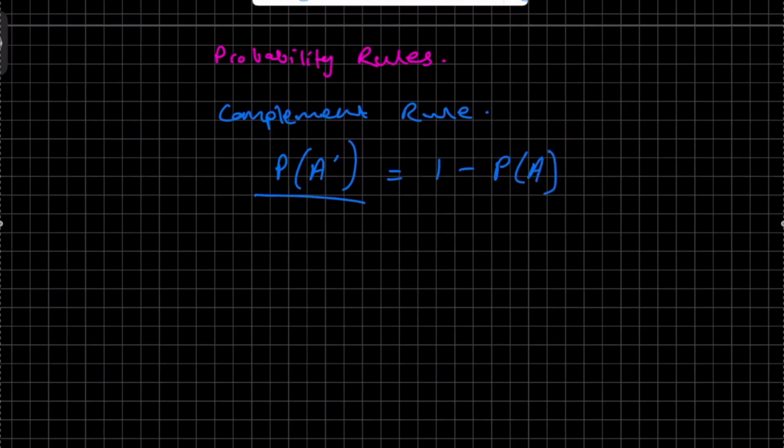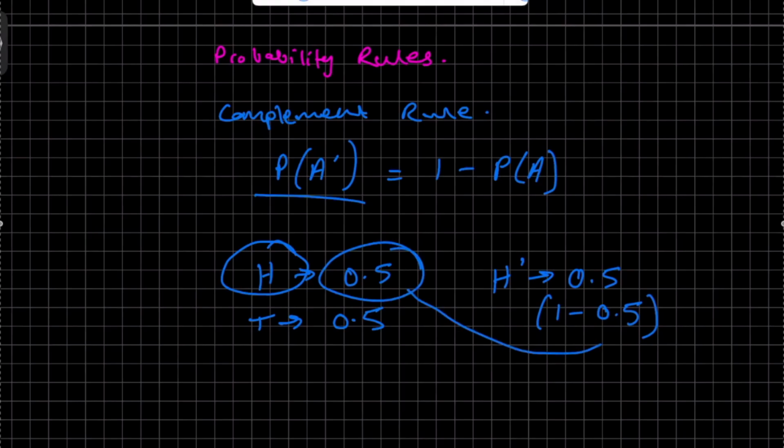If we flip a coin and get either heads or tails, our probability of getting a head would be 0.5, and our probability of getting a tail would also be 0.5. Our probability of not getting a head would therefore also be 0.5, and this can be determined by going 1 minus 0.5, which was the probability of getting a head.